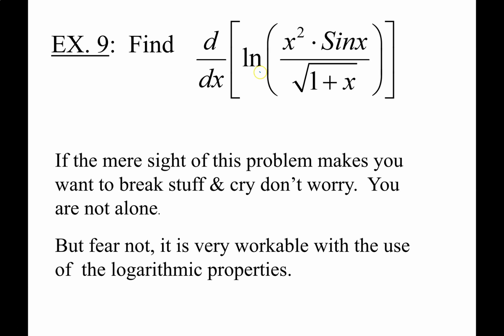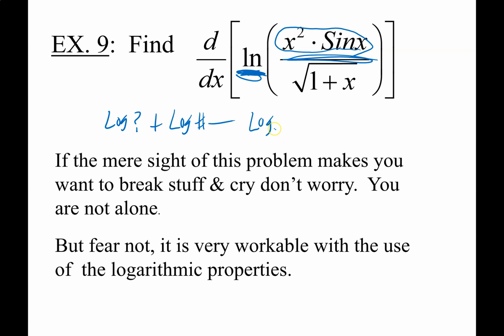And I can use my log properties because I have a natural log. Remember, when you're multiplying inside one log, I can write it as 2 logs being added. And then when I divide, that's subtracting some other log.